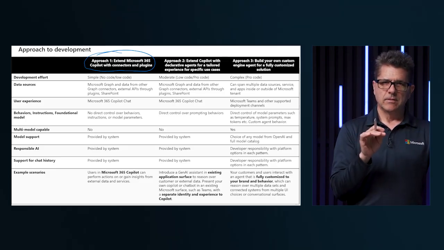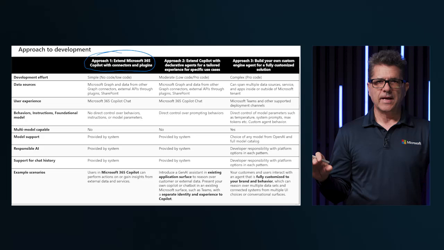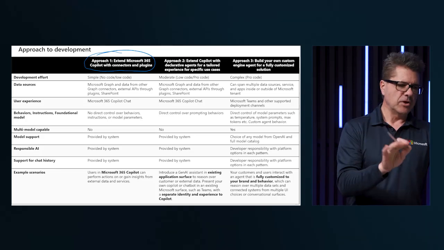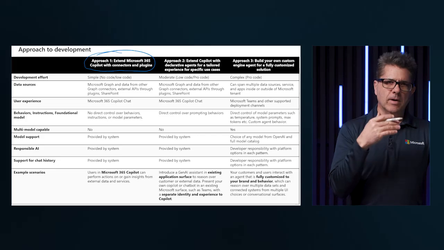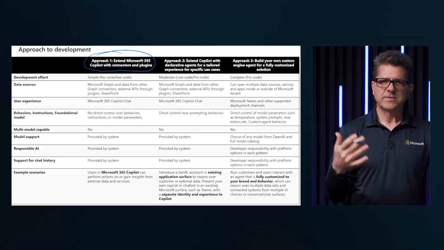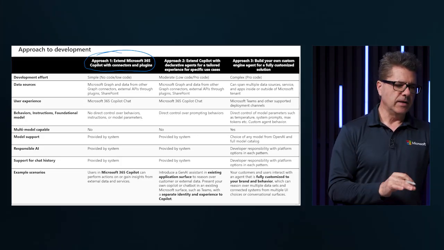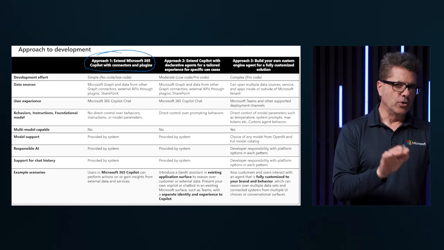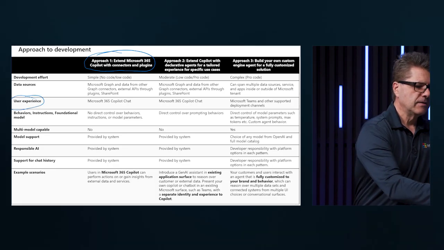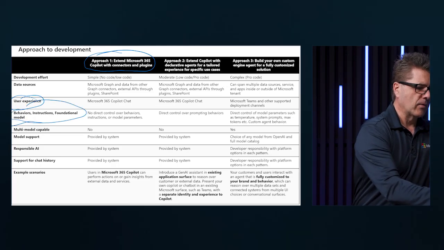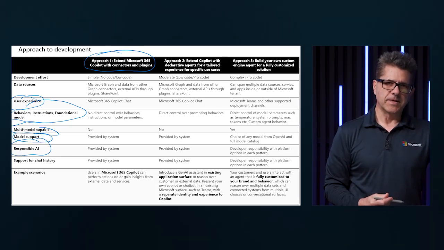Low-hanging fruit, right? Any user who is already using their data can point to that data, maybe a SharePoint connection, maybe some documents, some websites they want to connect. Very easy for that. Simple, no-code approach, easy to implement. User experience, I have the behavior, my model capability, right? Model support, responsible AI, all built in.